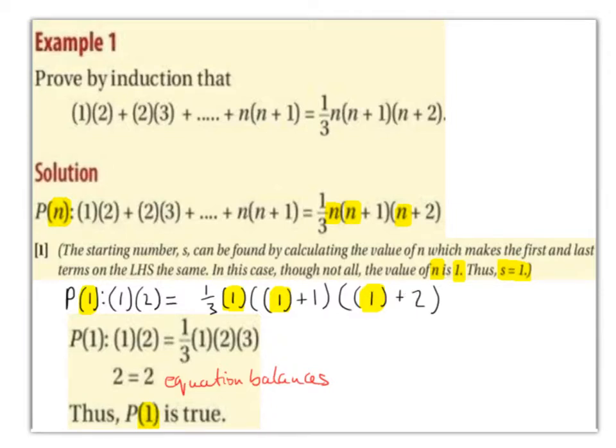And 1 plus 2 is 3, and 1 plus 1 is 2, and 1 is still just 1. So that's where this comes from. So then 1 multiplied by 2 is 2, and a third of 1 times 2 times 3 gives us 6, and a third of 6 is 2. So we get 2 equals 2, so the equation balances. Thus, p of 1 is true.